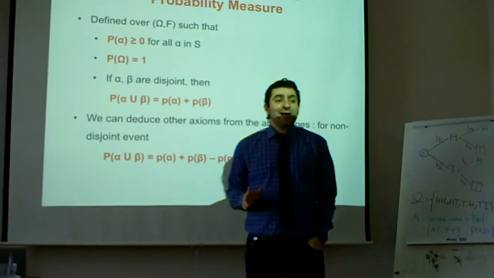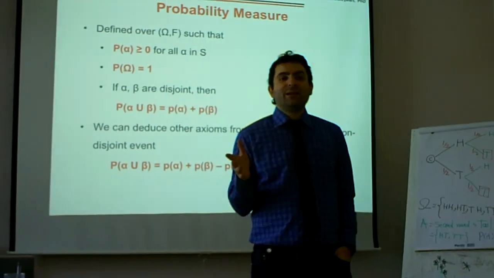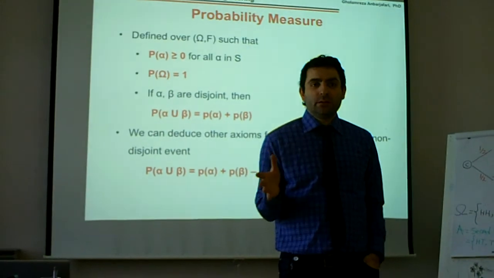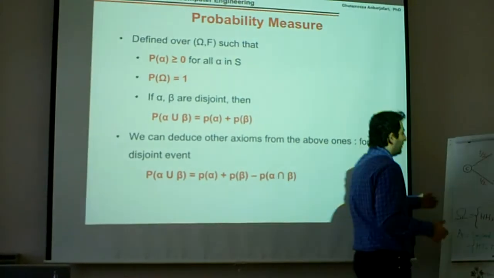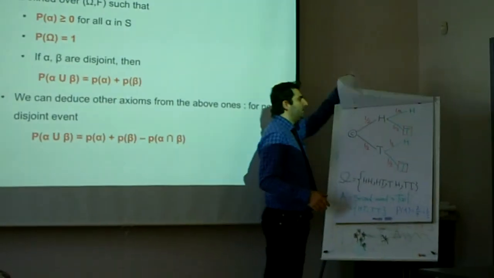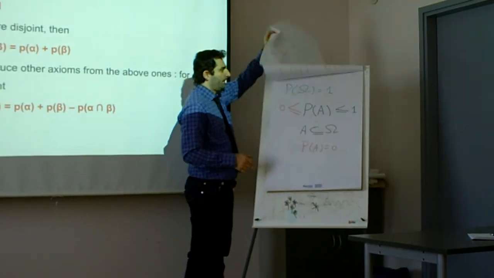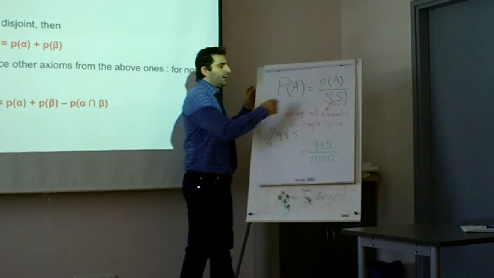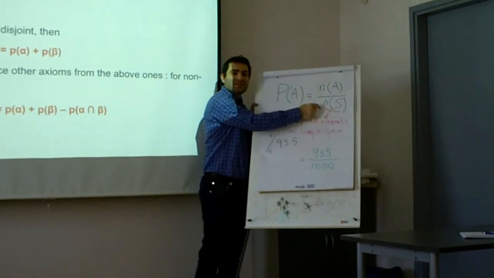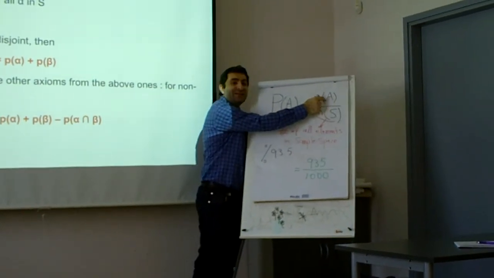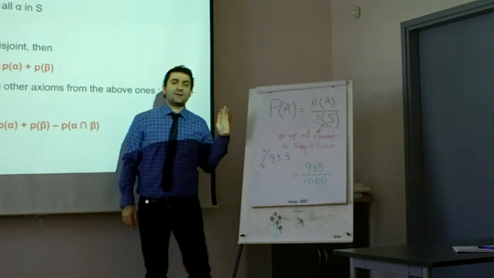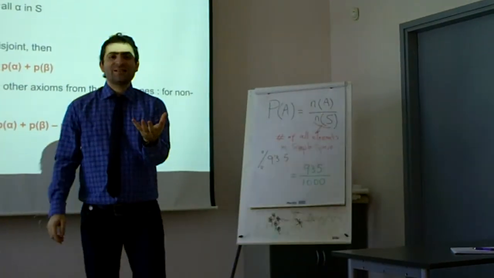And we also said the maximum value of the probability that we can have is 1. Simply because if we look at the definition of the probability, NA over NS, the number of elements in A cannot be more than the number of elements that we have in S. Because what is S? What is omega?